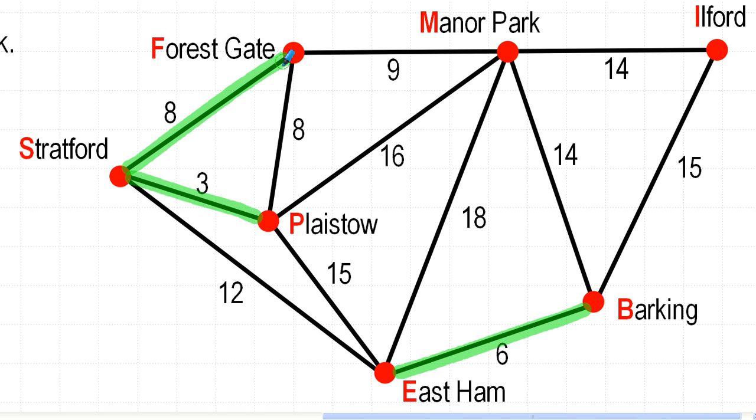I can't include the 8 of course there because that is a cycle, but perhaps that 9 will do. And I'm trying to look for the smallest edges that I can include. Perhaps that 12 will do. And I've just got Ilford to connect, so perhaps I'll connect it there with the 14.